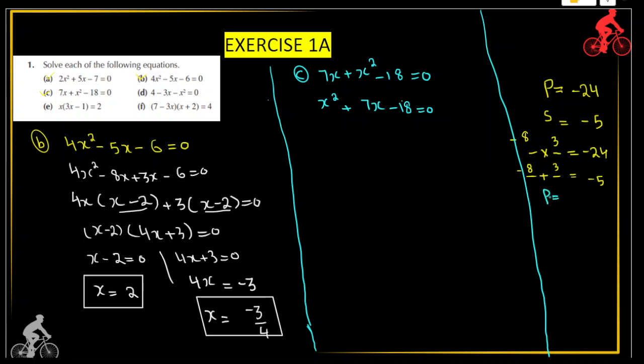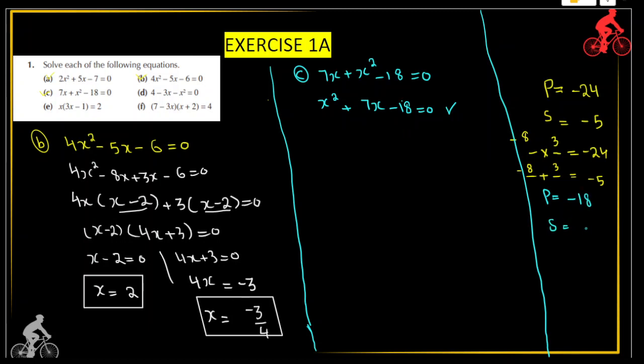That is super easy now. The coefficient of x square is 1, and the constant term, if we write the equation in the standard form, will be considered as the last term. So 1 times negative 18 is negative 18, that's the product.